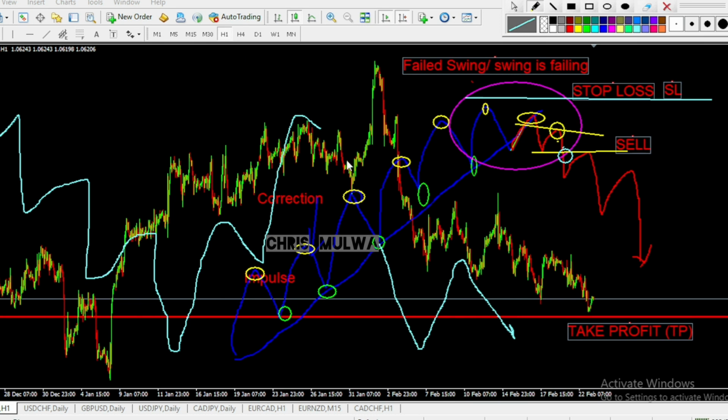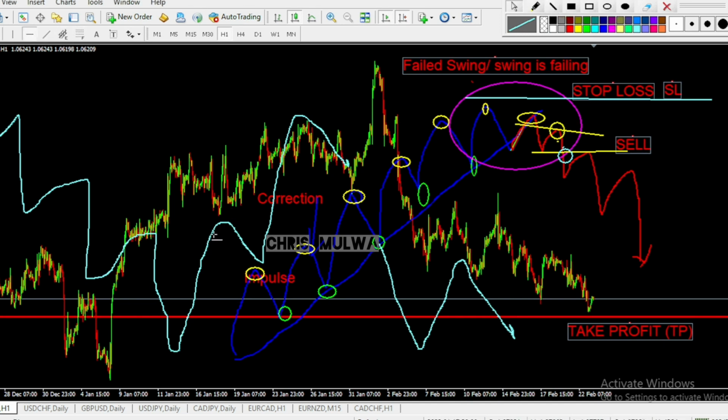Now at this point, this is where our swing failed. This low did not go below this low, so our buy position will be here.